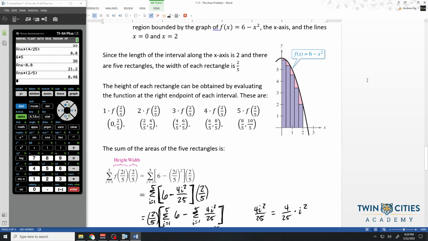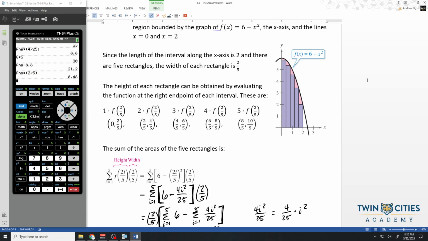So what would be a better approximation then? Well, if instead of 5 rectangles, I used 10 rectangles, then that empty space would minimize a little bit. If I used 20 rectangles, it would get even better. 100 rectangles, that would be really good.